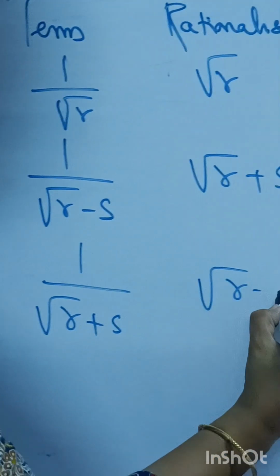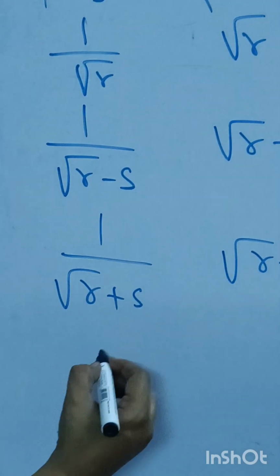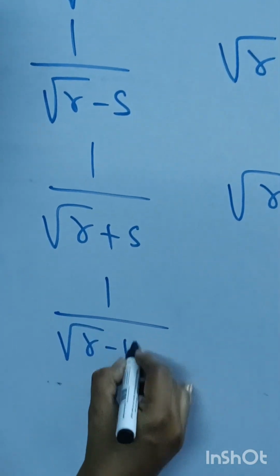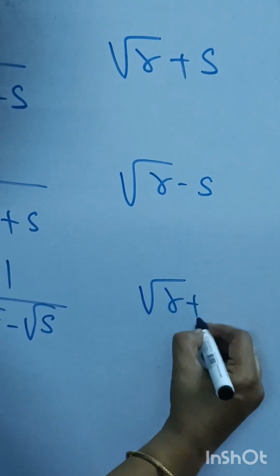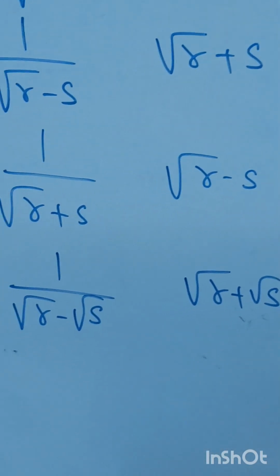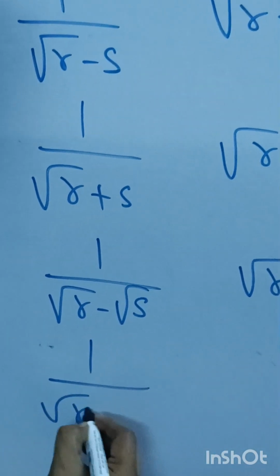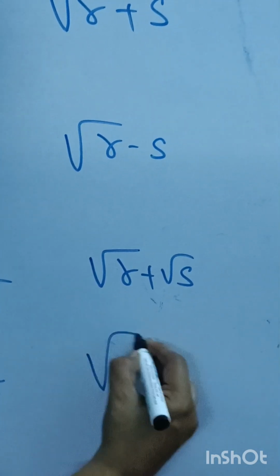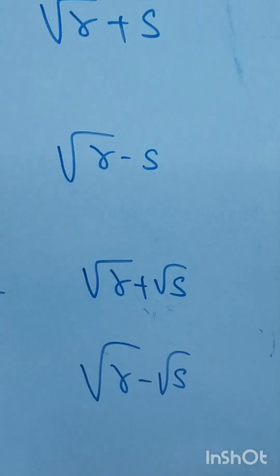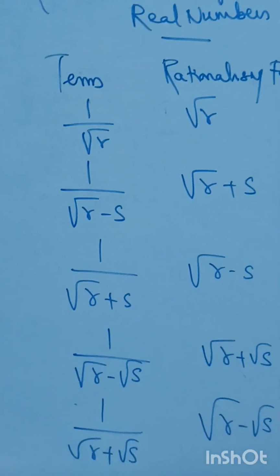Root of (r minus s). 1 by (root r minus root s): what is the rationalizing factor? Root r plus root s. 1 by (root r plus root s): what is the rationalizing factor? Root r minus root s. You have to be very thorough with this.